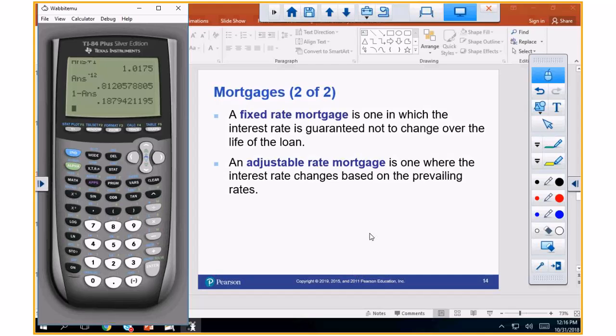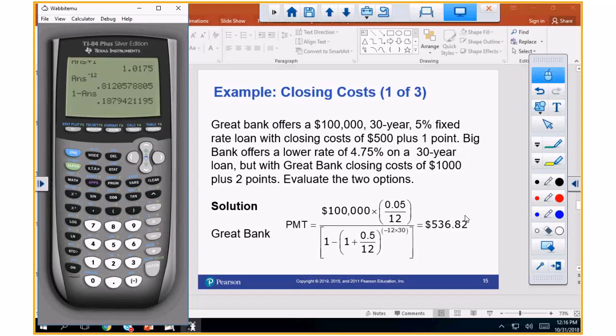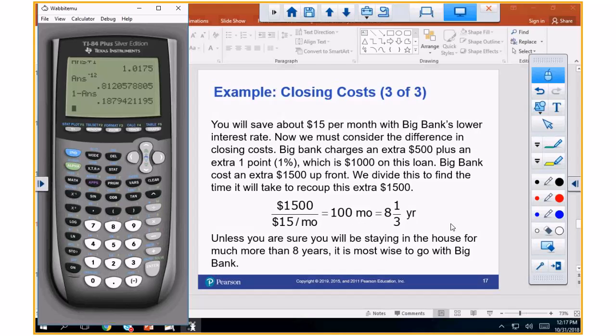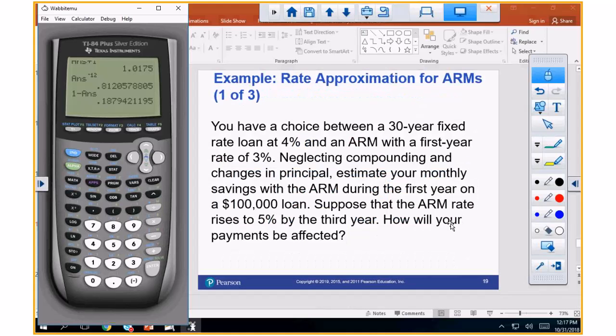Okay, that's all I'm going to say there. There we go. $100,000, 30-year, 5% fixed rate loan with closing cost of $500. Okay, we're not going to do that one. Hold on. Let's see. Where is... Okay, let's do this one. You have a choice between a 30-year fixed rate and an ARM with a first year.